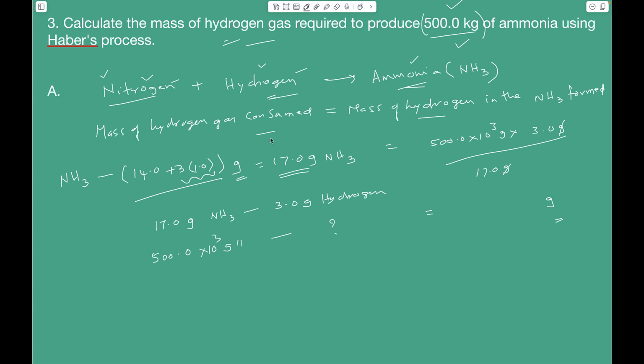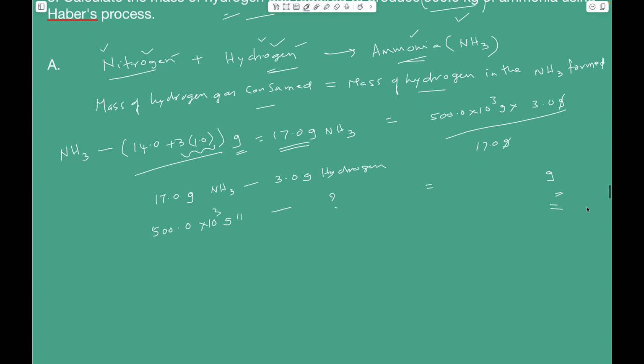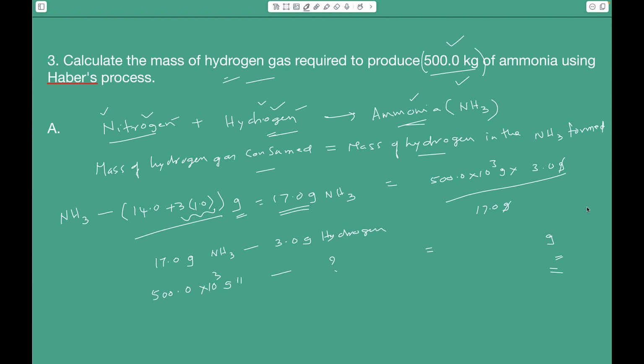And by applying the law of conservation of mass to a part of the reaction that we are interested in, we are able to answer this question. So understand that you don't always require a full balanced equation to answer some of the stoichiometric questions. You will understand that better in the next example.